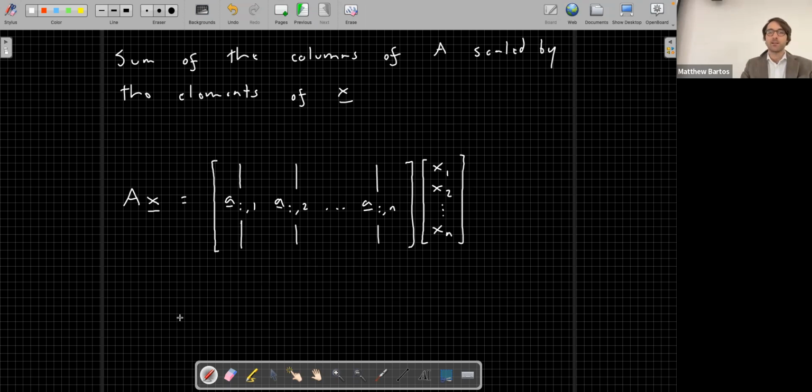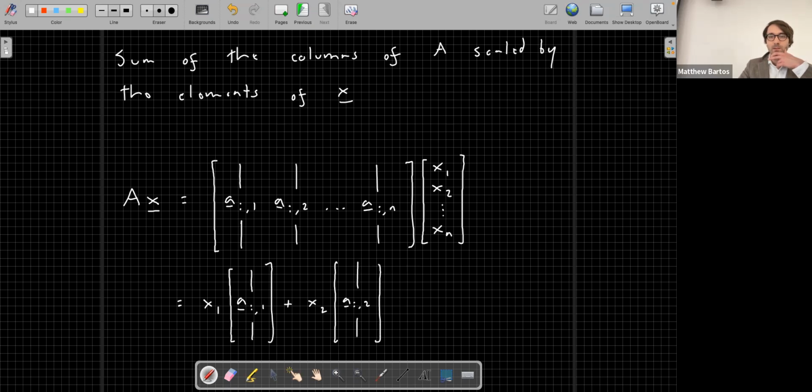Okay, and so what we're going to think about now is if we take each one of these columns here, we're going to scale it by the elements of x and add them together. So we will have x1 times our vector A(:,1), plus x2 times our vector A(:,2), and so on, all the way to xn times our final column of A, A(:,n).